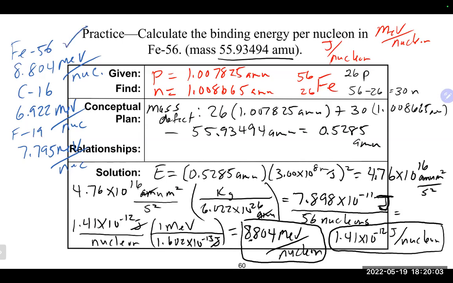It is the iron-56, like we saw in the graph, right? It was at the top, has the highest binding energy per nucleon, followed by fluorine, and then carbon-16 would be the least stable of those three based on binding energy per nucleon. Any questions on calculating binding energy? Okay.